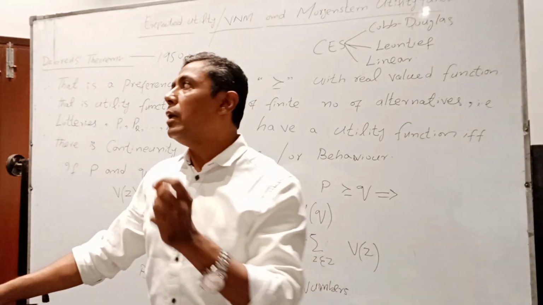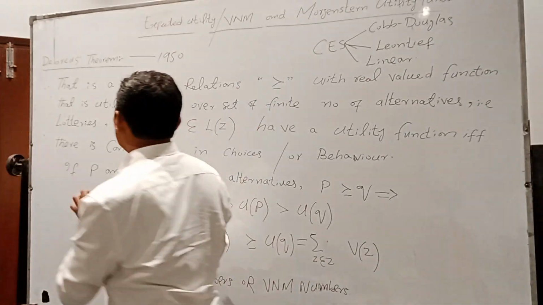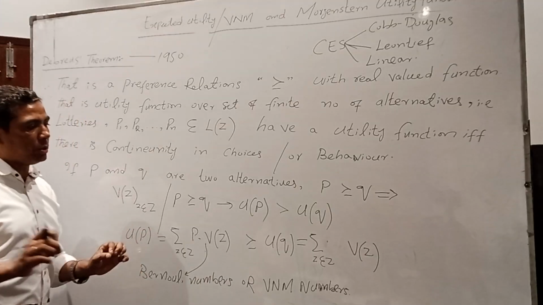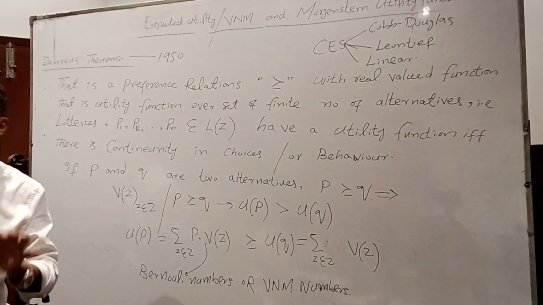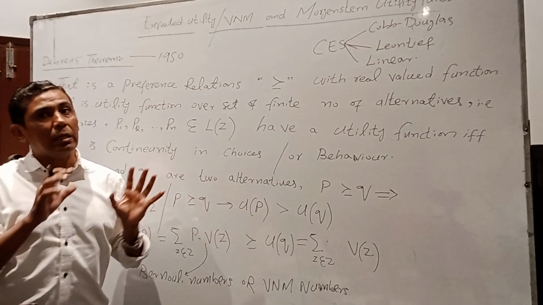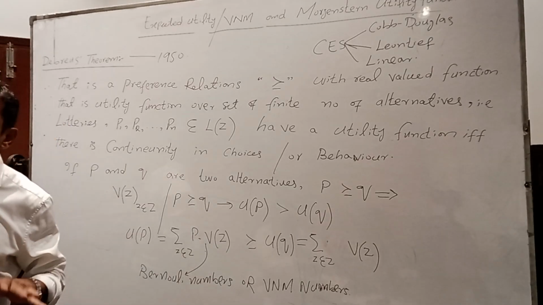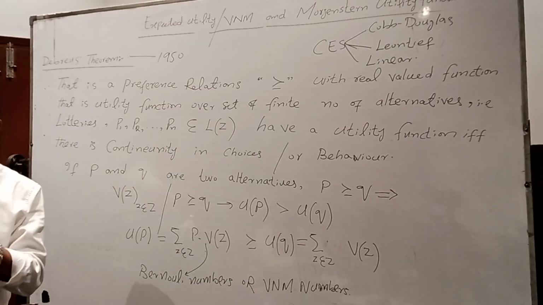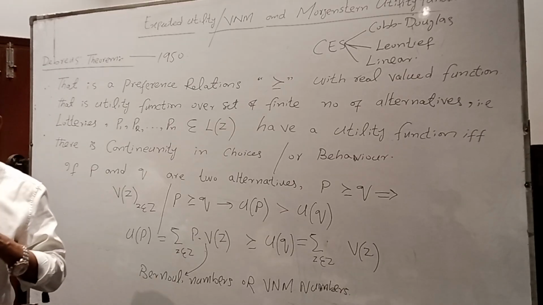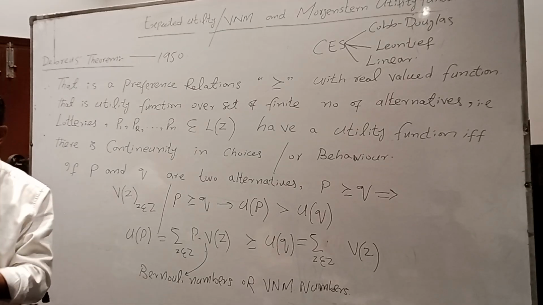And similarly, the numbers which we assign here are called Bernoulli numbers or von Neumann numbers. That's why this utility function is also called the Bernoulli or the von Neumann utility function. So the main theme is the expected utility function, which is derived through two important axioms. What were the axioms? Independence and continuity.